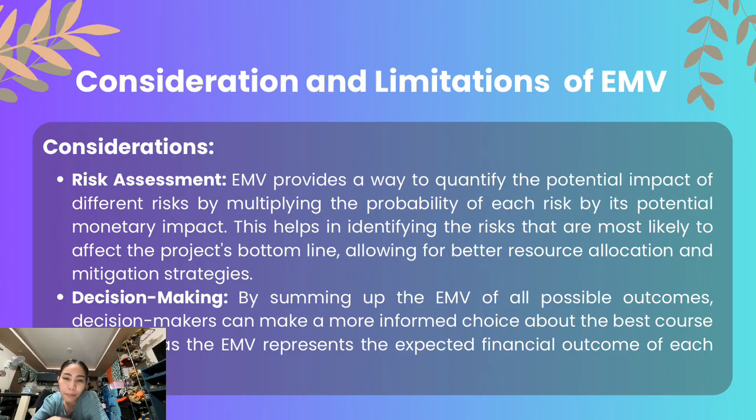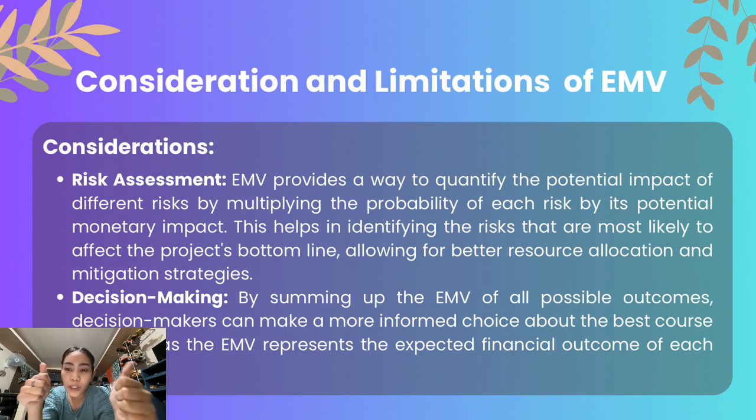For example, we have risk A, a 20% chance of losing 100,000, while risk B has an 80% chance of losing 10,000. We notice that the probability of risk A is less than the probability of risk B, which has an 80% chance.